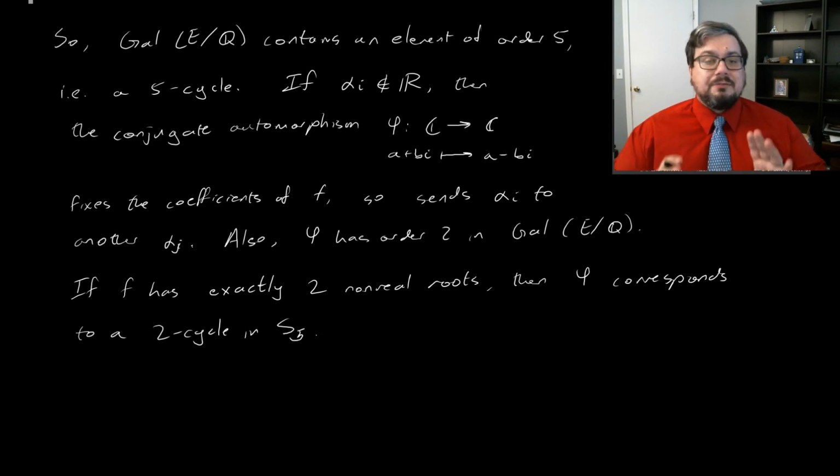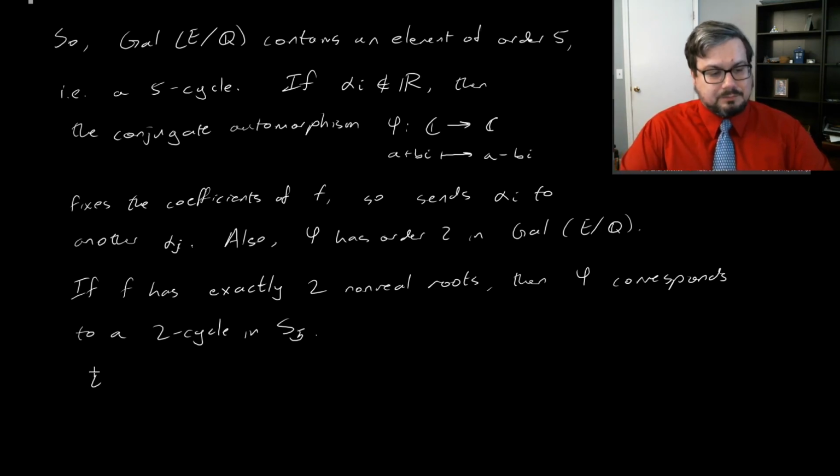So if we're looking at an irreducible polynomial of degree 5 over the rational numbers which has exactly 2 non-real roots, then the Galois group of the splitting field of that polynomial is isomorphic to a subgroup of the symmetric group on 5 elements that contains a 5-cycle and a 2-cycle.